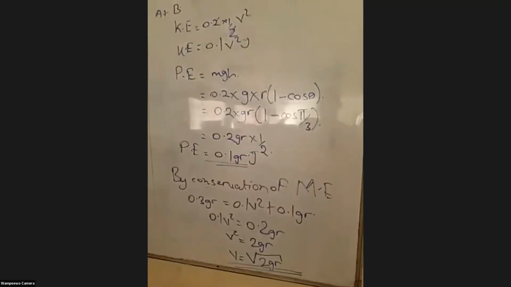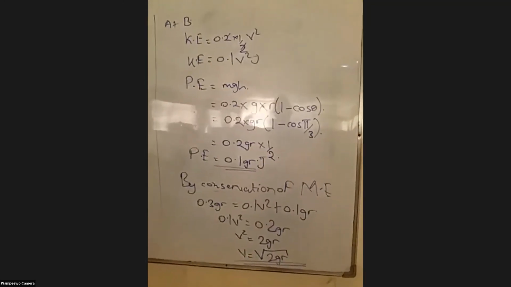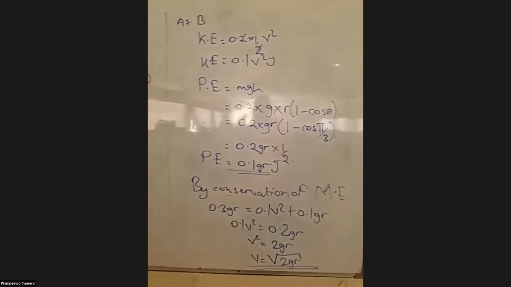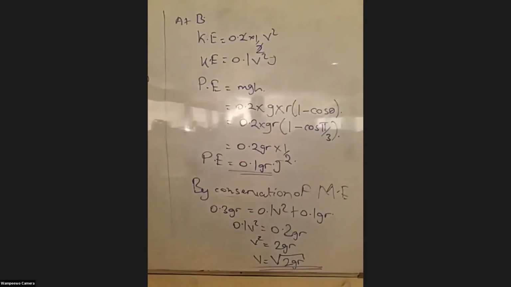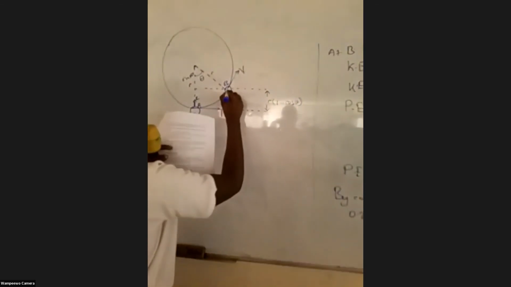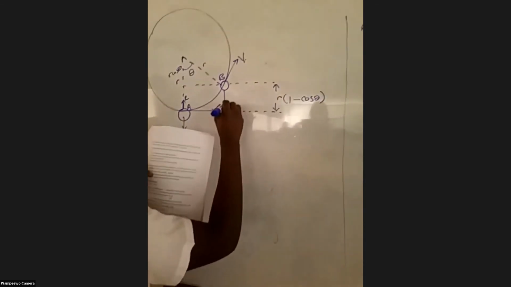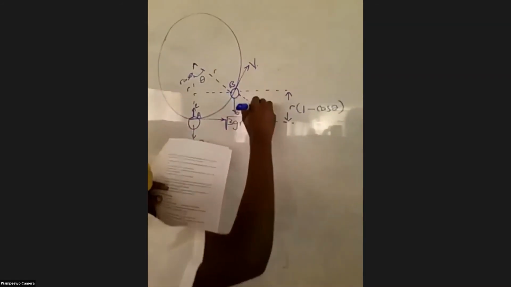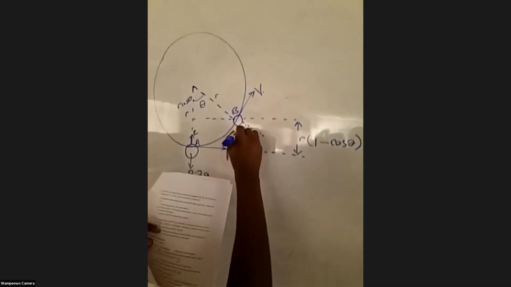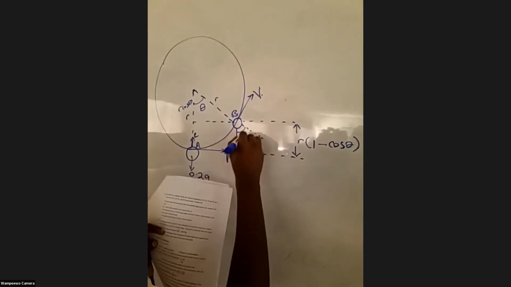Now for part B, they say find the force exerted by the bead at this point. Now the force exerted, we are going to imagine that at this point, the bead has its weight acting downwards, 0.2g, and this weight was acting at an angle theta, which is pi/3.